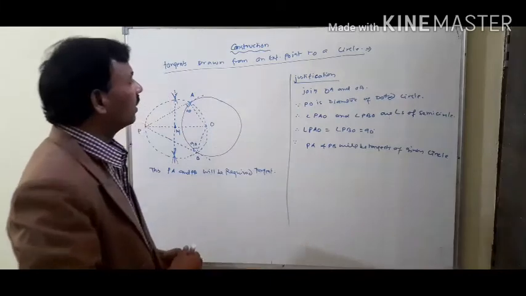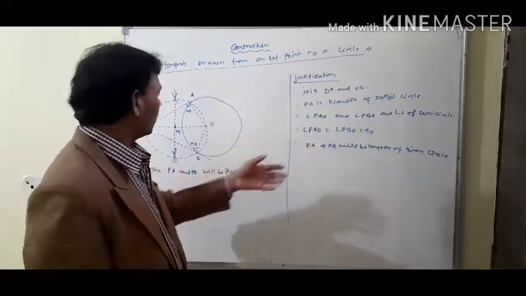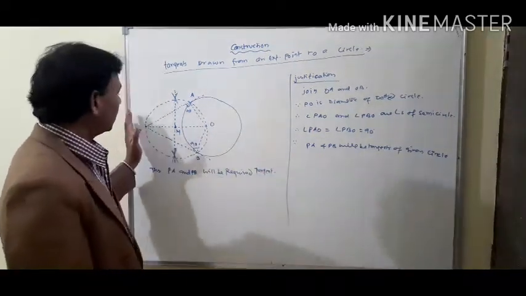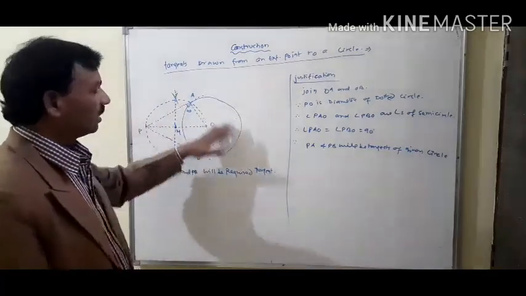Thus, this is the justification of the tangent drawn from an external point to the circle.